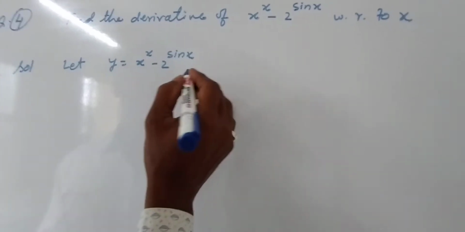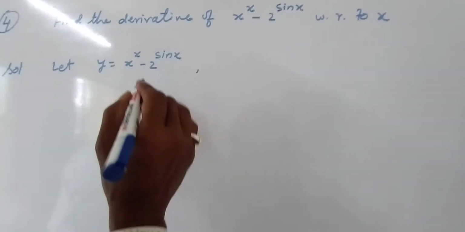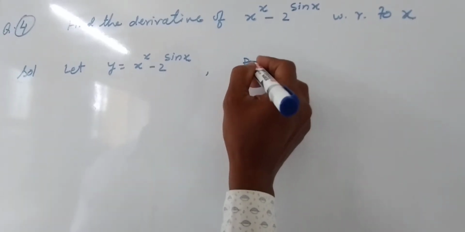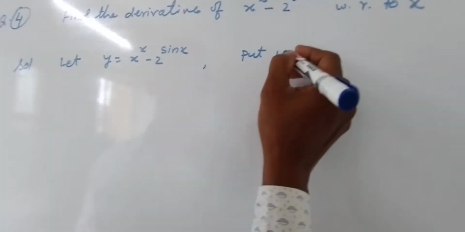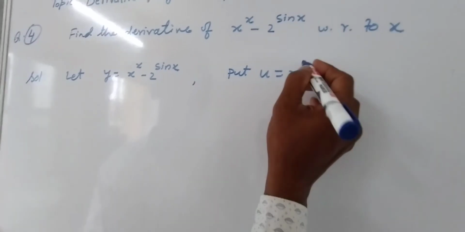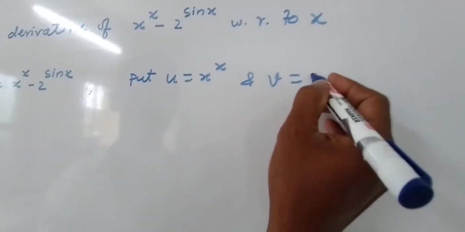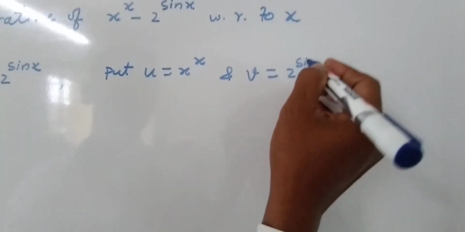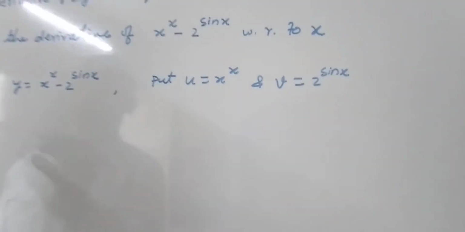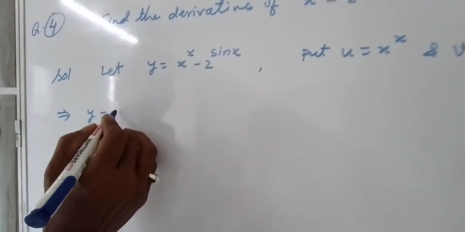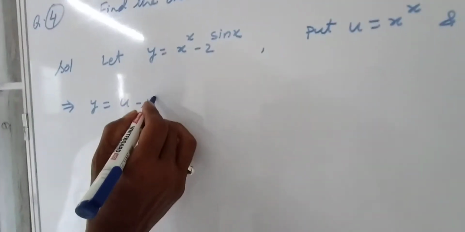So for logarithmic formula, we will take two functions separately. Put u equal to x to the power x and v equal to 2 to the power sin x. So now function will become y equal to u minus v.